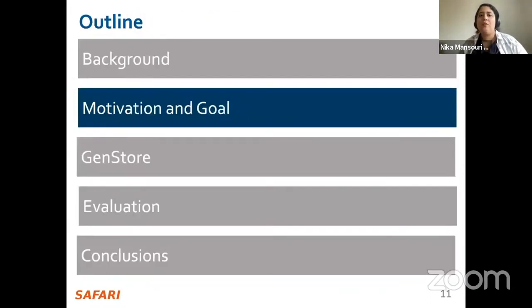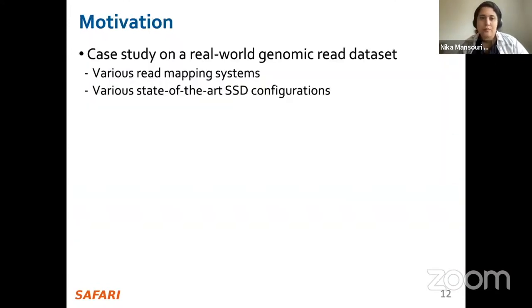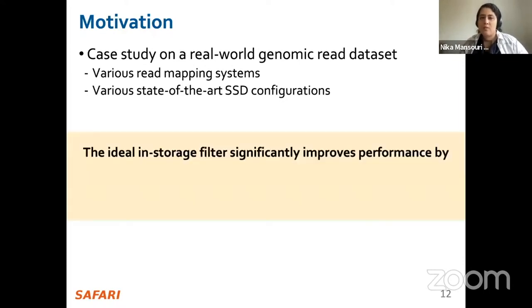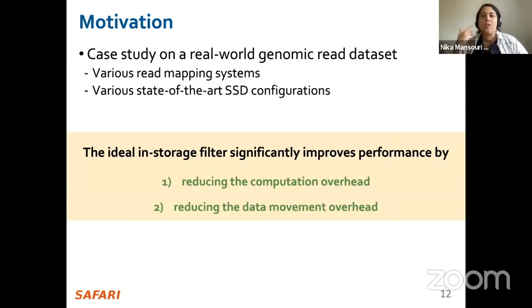So we perform experimental studies in our work to understand the potential of efficient in-storage filters for improving read mapping performance. We perform a case study on real-world genomic read datasets on various read mapping systems and state-of-the-art SSD configurations. And we make several observations. First, the ideal in-storage filter significantly improves performance by reducing data movement overhead and also reducing computation overhead.